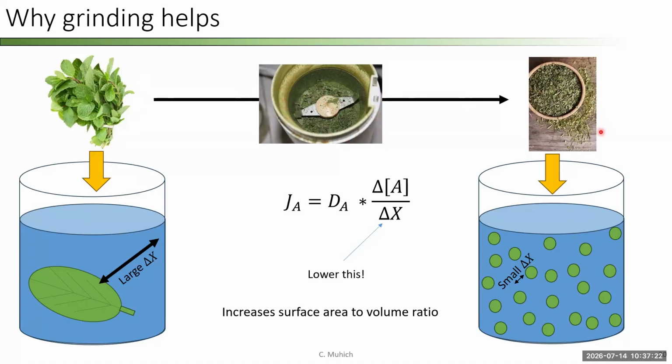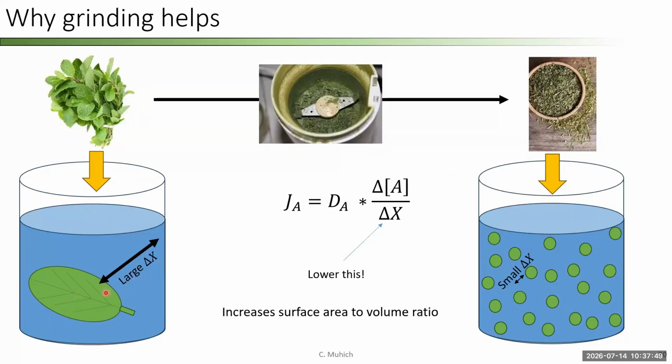I now have a bunch of small particles instead of a few very large leaves, right? So when I put this plant in this extracting solution, over here in the ground plant, I have a much larger surface area to volume ratio compared to this leaf.